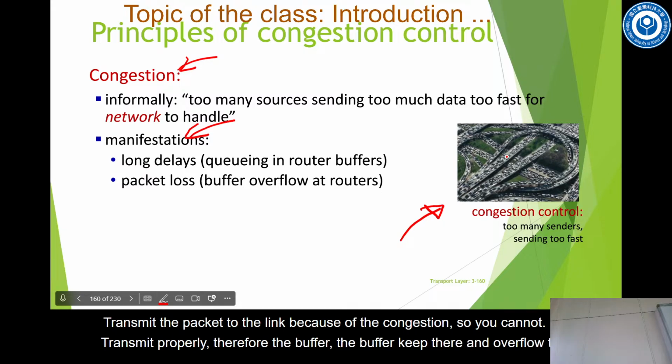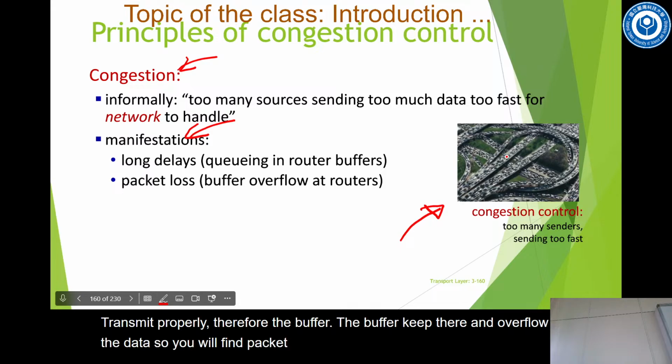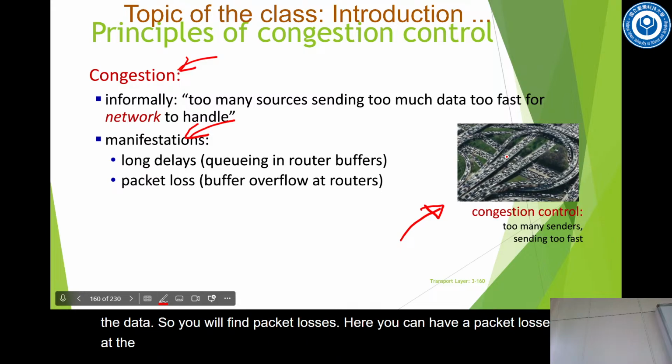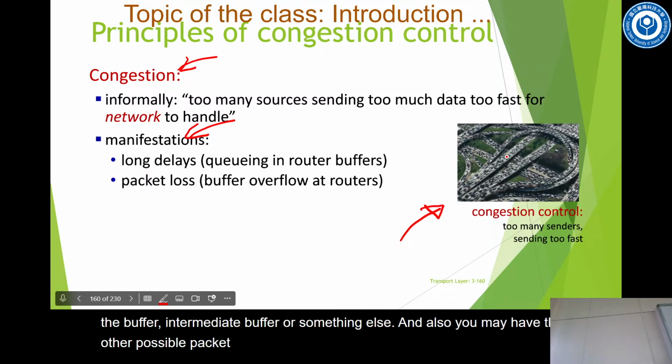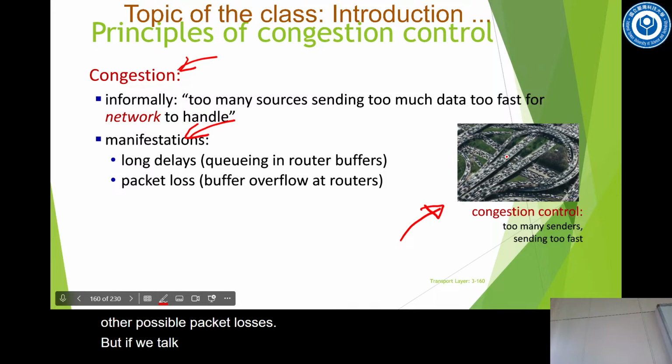So you will find packet losses. Here you can have packet losses at the intermediate buffer, or something else. But if we talk about congestion, it should be packet losses at routers, because the router cannot process that properly.